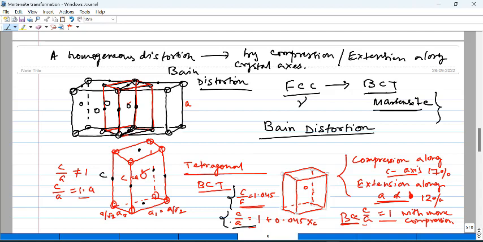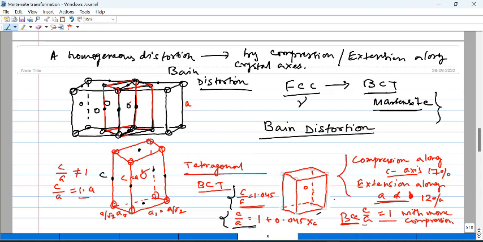So this goes to again the same concept that we talked about as to how the BCT structure is coming out from the FCC. And now if you put the location of the carbon atoms, you could easily correlate as to why the C by A ratio would depend on the carbon content, right, because the carbon of the austenite is still sitting along the C axis of the BCT cell also.